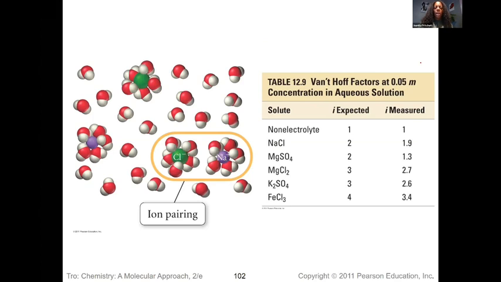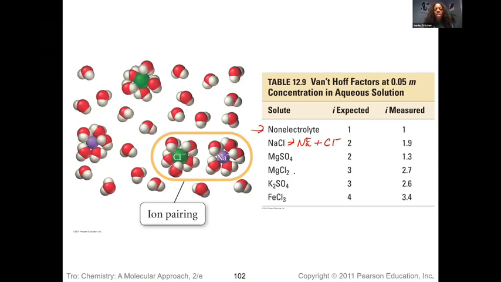And so you can see here in this chart the predicted Van't Hoff factors for several ionic compounds. Again, for a non-electrolyte, a molecular compound, the i value is 1. But for something like sodium chloride, when it ionizes, I get Na plus and Cl minus, so I get 2 ions, which is why the i is 2.